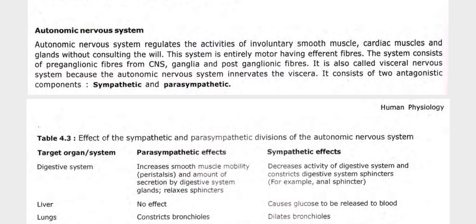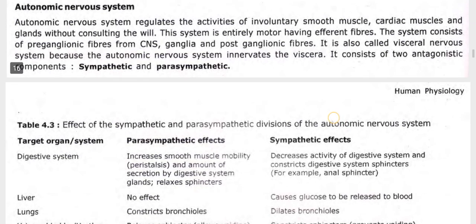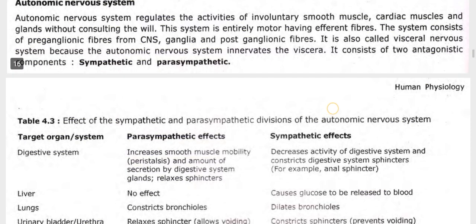Autonomic nervous system regulates the activities of involuntary muscle, smooth muscle, cardiac muscle and glands without consulting the will. The system is entirely motor, having efferent fibers. The system consists of preganglionic fibers from central nervous system, ganglia and postganglionic fibers. It is also called visceral nerve system because the autonomic nerve system innervates the viscera.